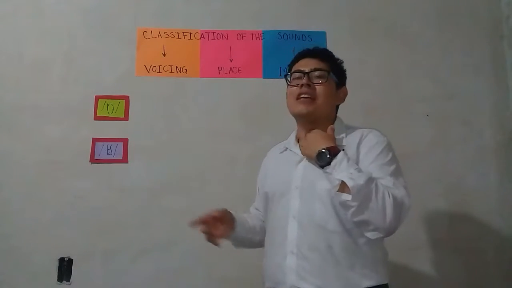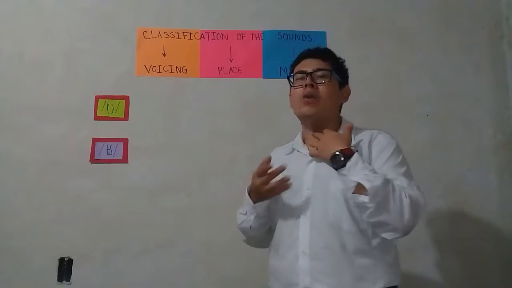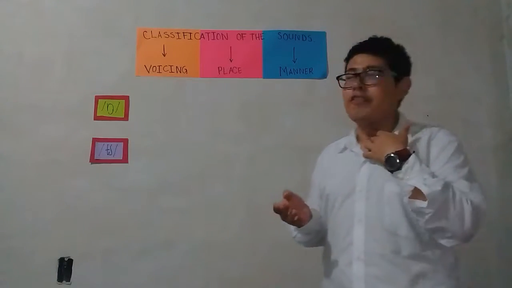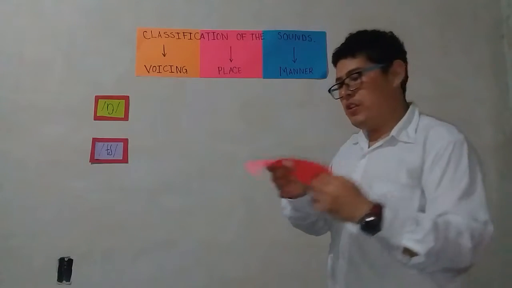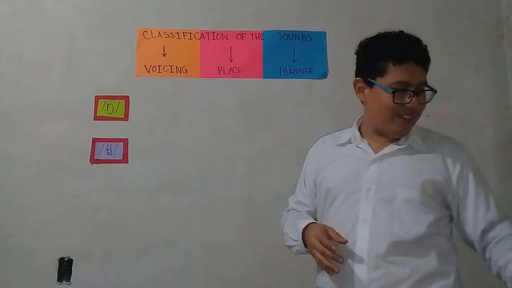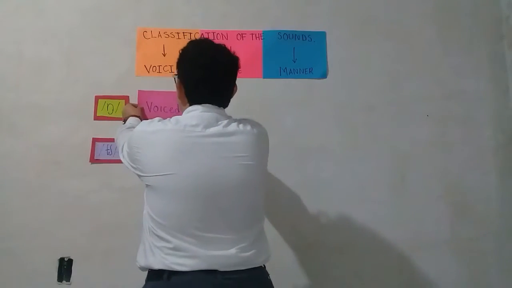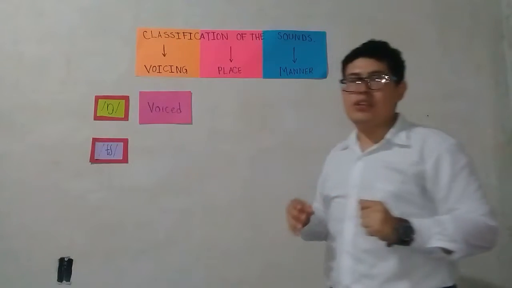Now the sound of ng. We can feel how a kind of vibration is produced in this area of our throat. And then we have a voiced sound. Here is a voiced sound for the sound of ng, according to the voicing.